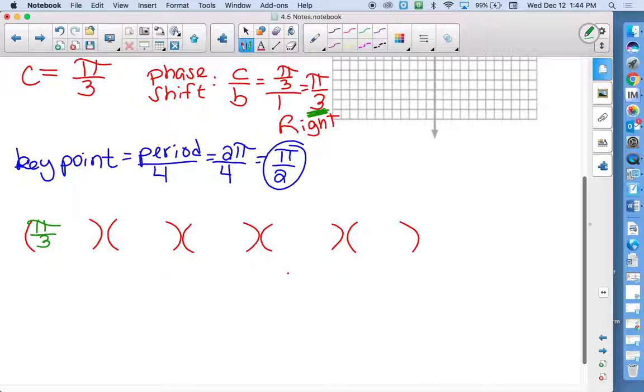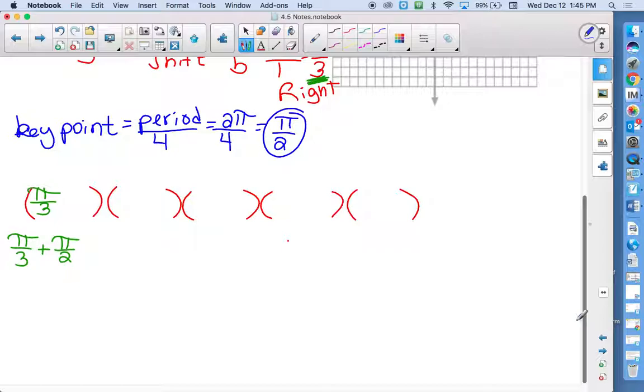It's the first angle. Michael, do you know how you're going to find the next angle? How would you add pi over 2? Yeah, that key point value is how we find every other angle. Typically we start at 0, but now we're starting somewhere else. So this is where it gets tricky, because now we have fractions with two different denominators. We have our phase shift, but we have the increment that we're using to go from one point to the next, and that's pi over 2.